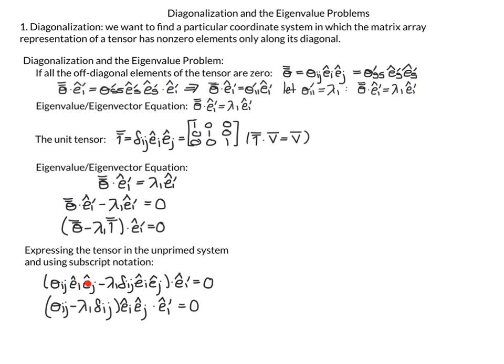I pull out my e to the i e to the j from these two terms, and I still dot it with e1 prime. And finally, I get this equation: e sub i hat times sigma ij minus lambda 1 delta ij times a1j equals 0.